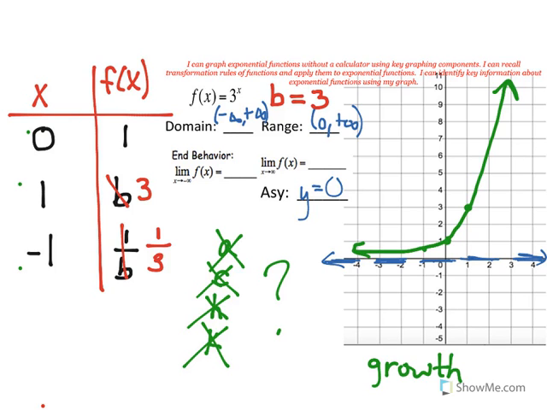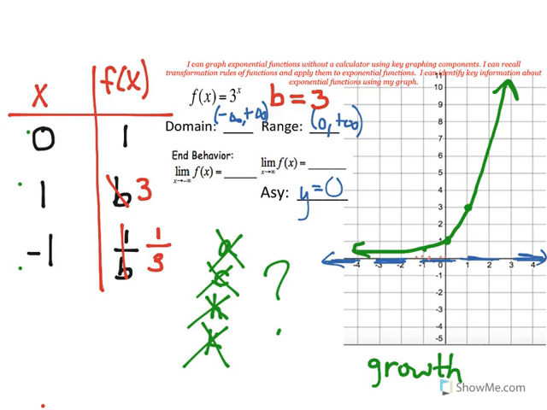Okay. So your domain is all real numbers, parentheses, negative infinity to positive infinity. Your range is from 0 to infinity, but be careful, your range is parentheses 0, not a bracket. That is because your graph is approaching 0. Think about those limits. It's approaching 0, but it never actually gets there. It never actually touches it. So it's not going to include that value, hence the parentheses. Okay. Speaking of limits, the end behavior.